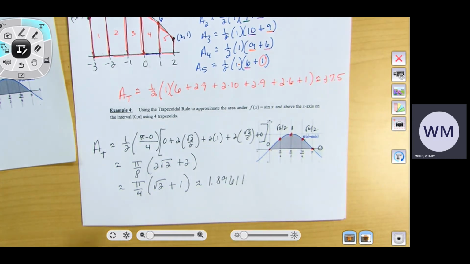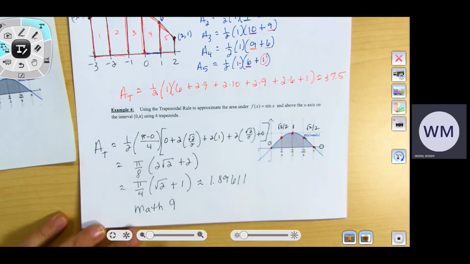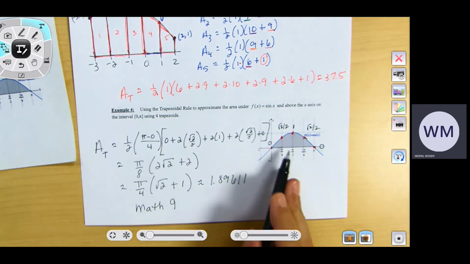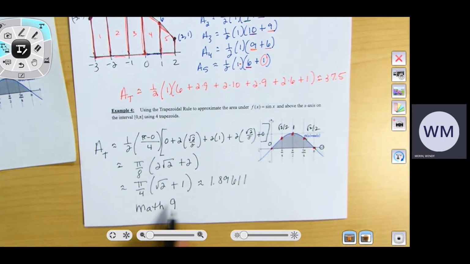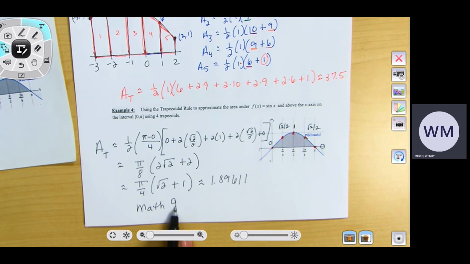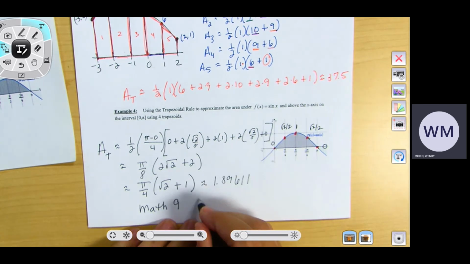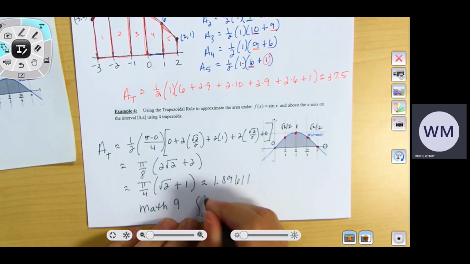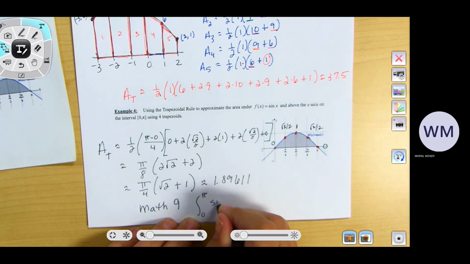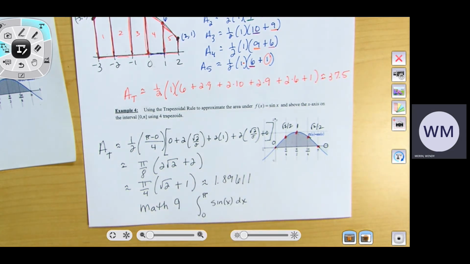I want you to try Math 9. Math 9 is antiderivatives. Area under the curve is integrals. This is what we approximated the area to be using the trapezoid. In Math 9, you will take the integral from 0 to pi of sine of x dx and see what it says.